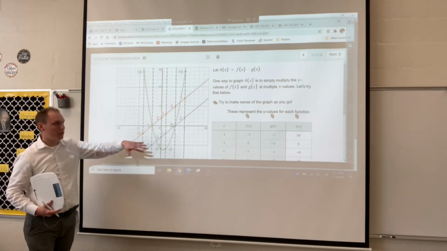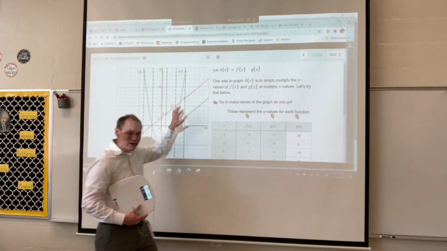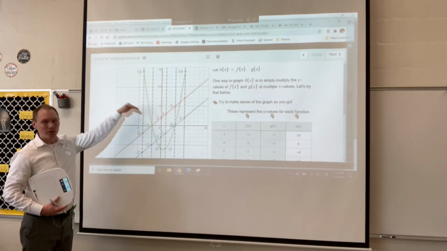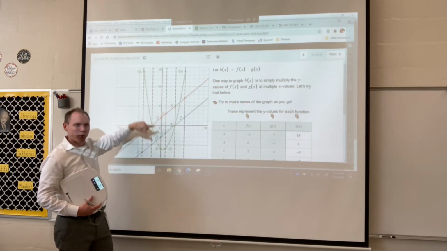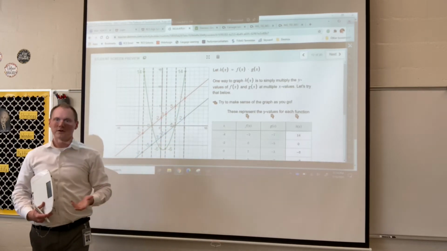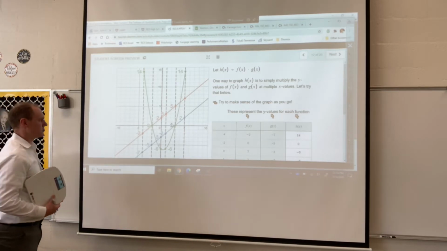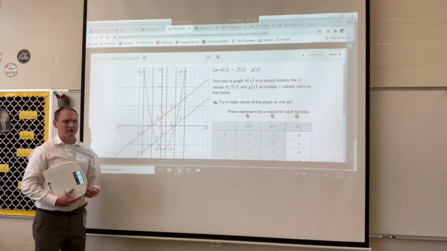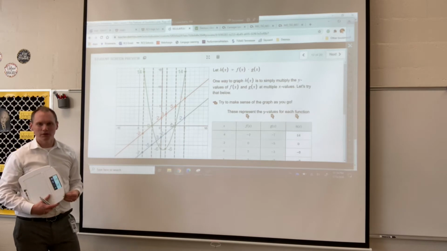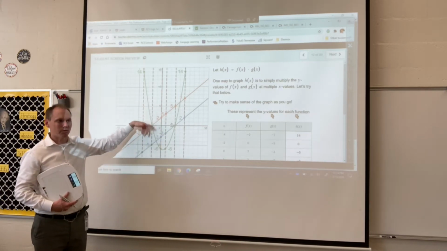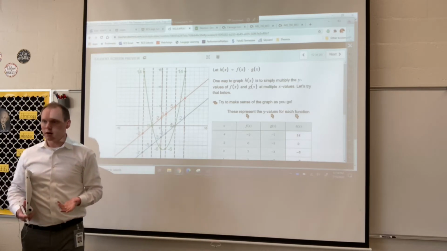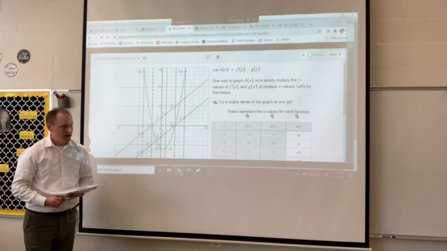So if we had multiplied the y values for every x value, we would see this continuous function being formed instead of just a bunch of points, right? If we were to do it for every single x value, we would see this here. All right, what letter does it look like? A U, yeah. This is what we call a parabola. A parabola. It is the graph of a quadratic function.